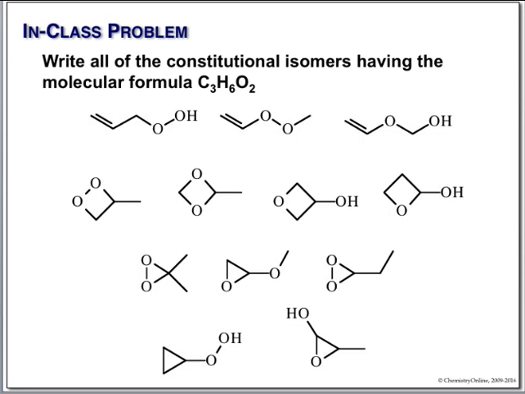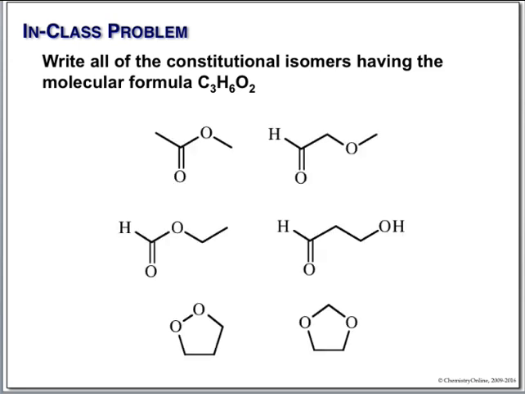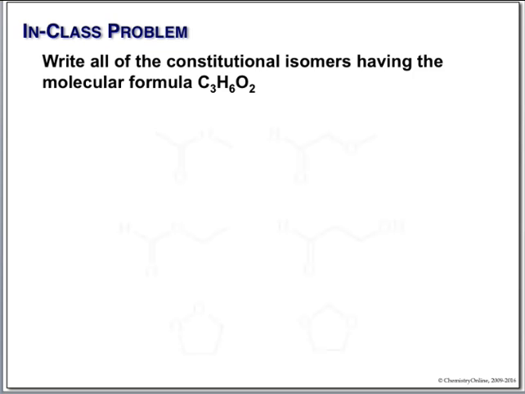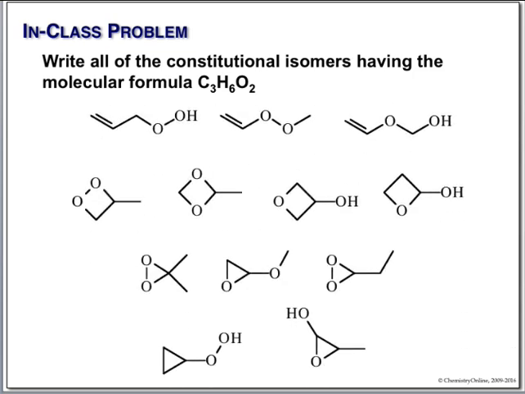So we've changed our formula just a little bit by sticking in a couple oxygens, and we get a huge number of potential isomers. Organic chemistry can get very, very strange very, very quickly.